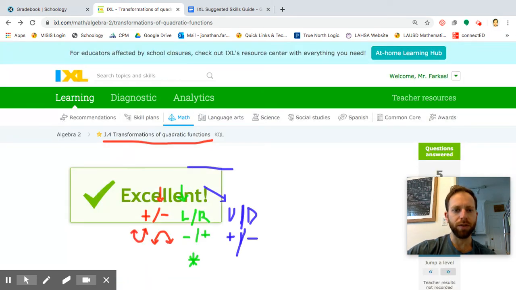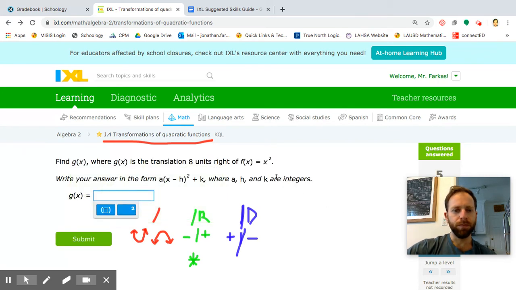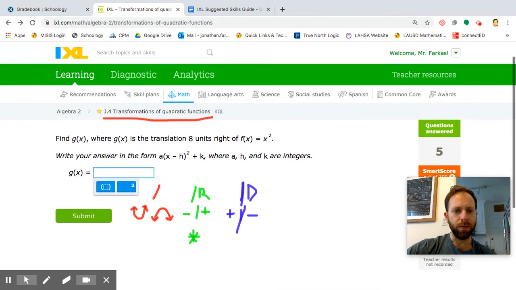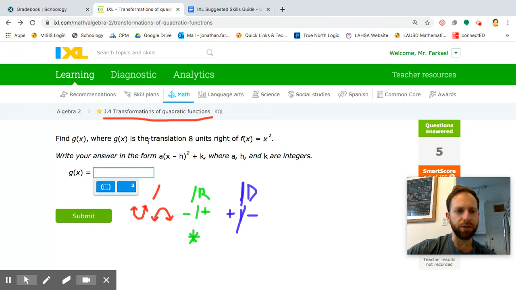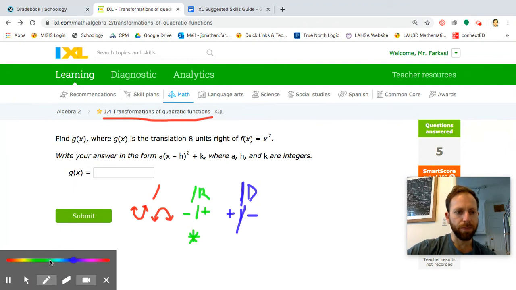Let's try the next level. All right. Find g of x where g of x is the translation 8 units right. So to the right means we're putting a plus because right is positive, but we're plugging it in here for h, right? So we need to put our x in parentheses.